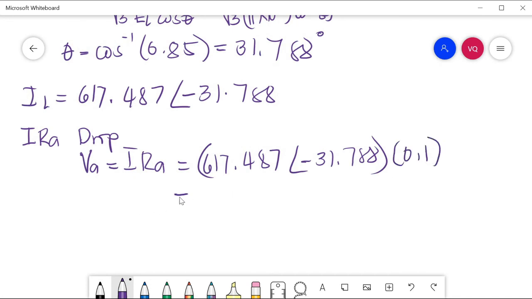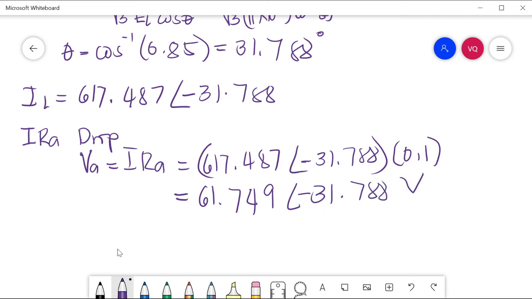That is equal now to 61.749 angle negative 31.788 volts.